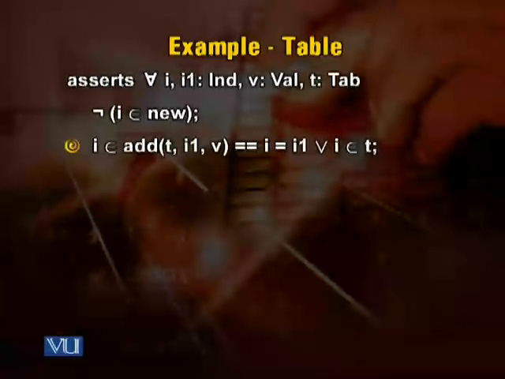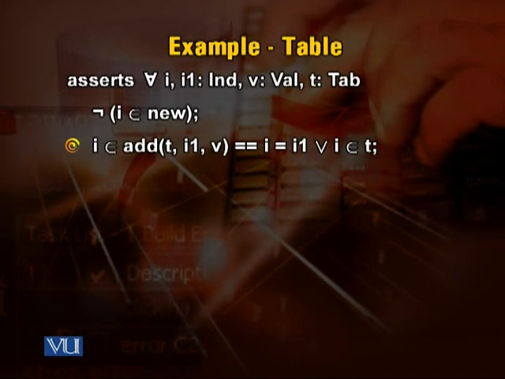We say I is a member of add P, I1, V is the same as saying I is equal to I1 or I is a member of T. So that is one thing. I am saying that if I is equal to I1, then I am not adding anything, because then I say, this is what it is. But how about replacing the value?